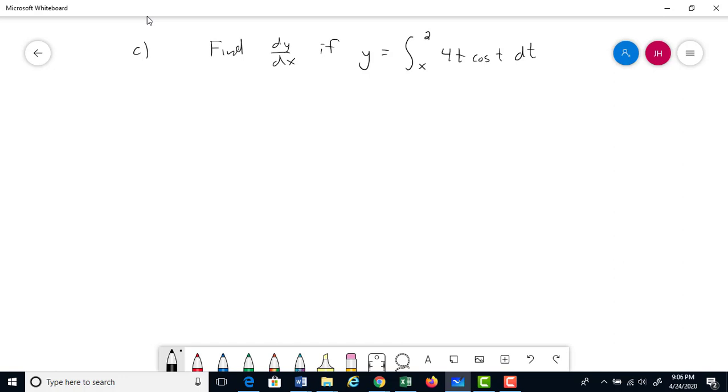All right, so this is kind of clever. It's just another way of writing the exact same thing. So what I'm going to do is find the derivative of this thing. dy dx represents the derivative with respect to x of y, and this is equal to the derivative with respect to x of the integral from x to 2 of 4t cosine t dt.